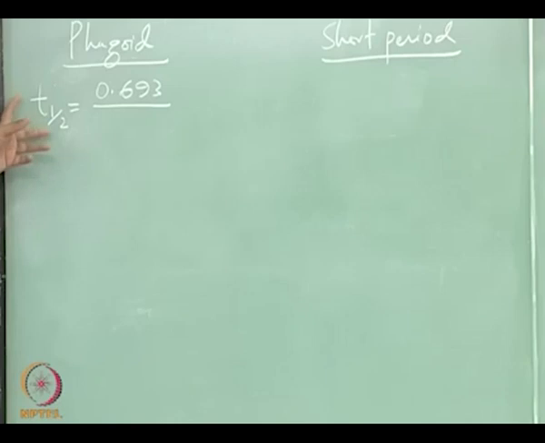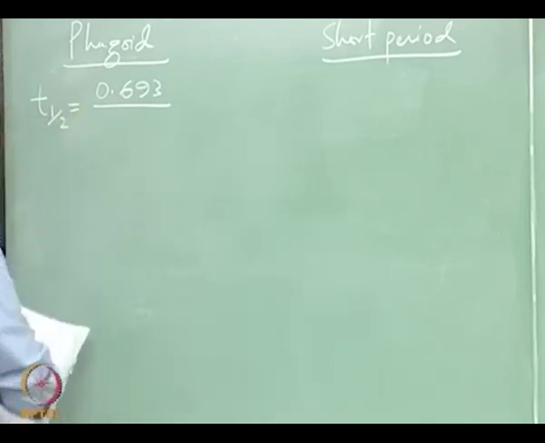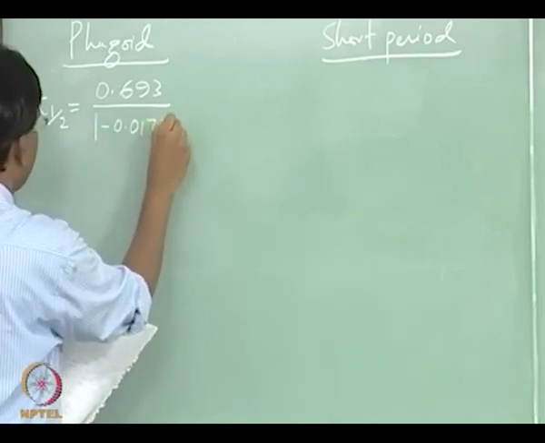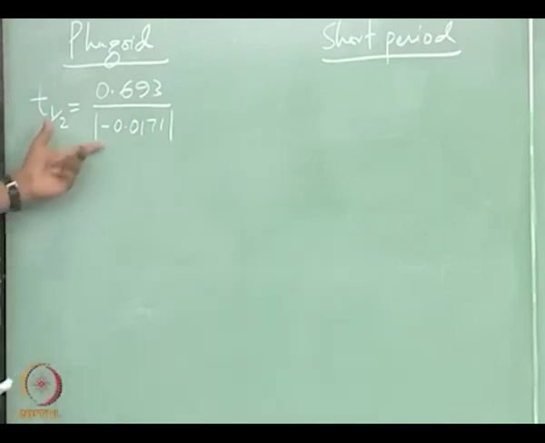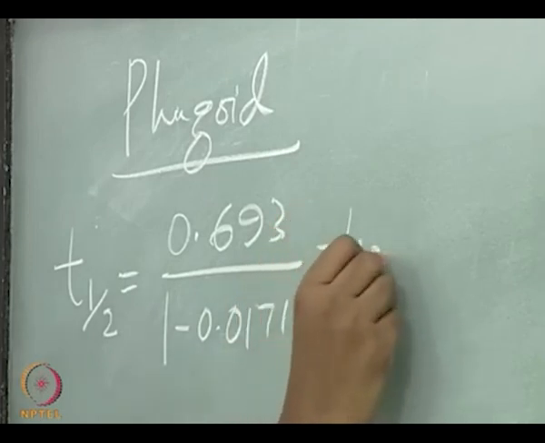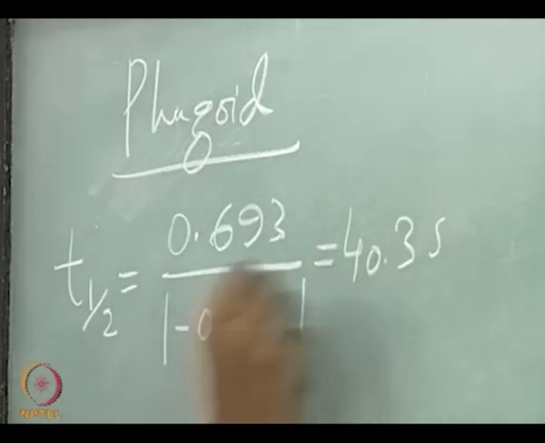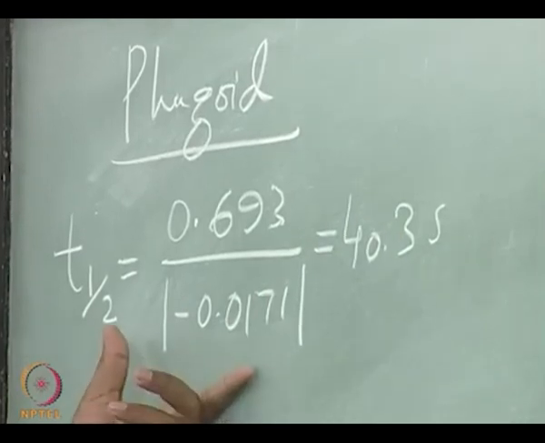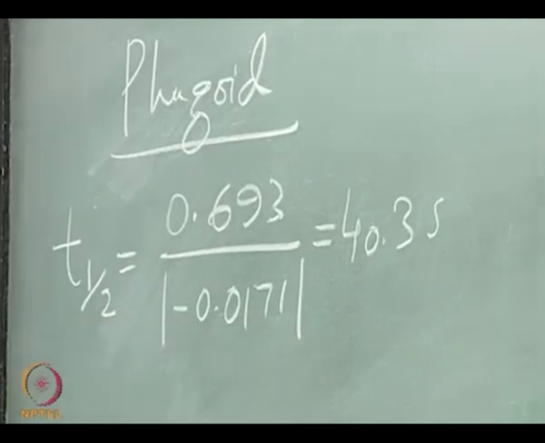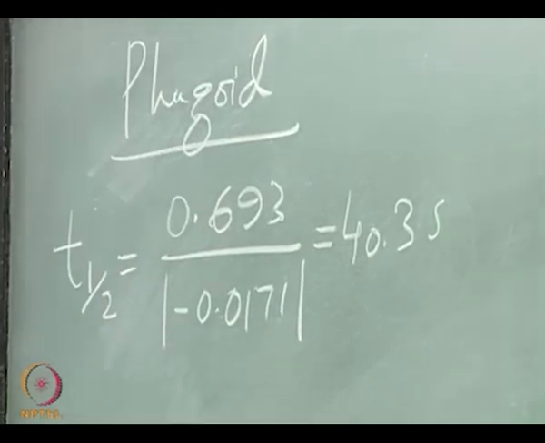Time to half the amplitude, because it is a stable mode. So, the amplitude is going to decay in time. So, this is time to half the amplitude, which is equal to 0.693 over the real part of the eigenvalue.